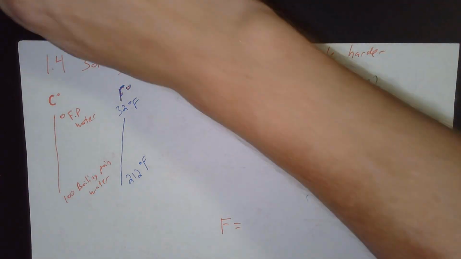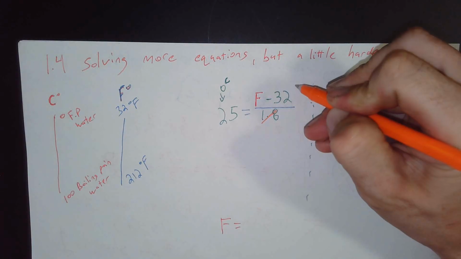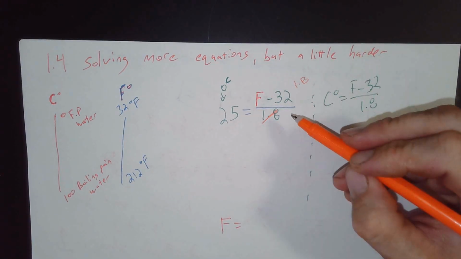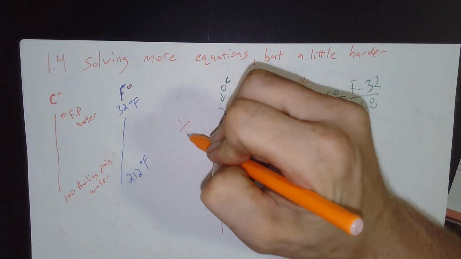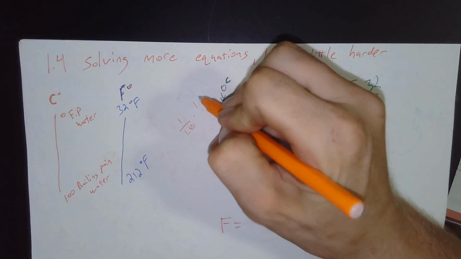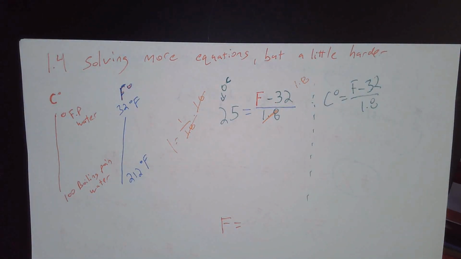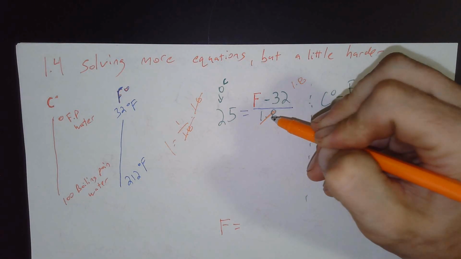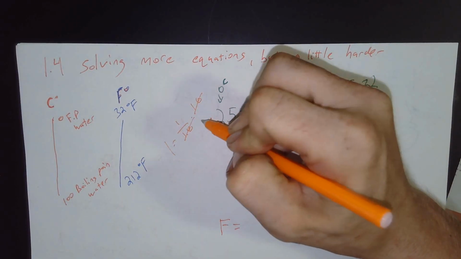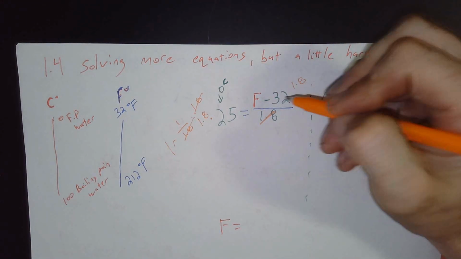So what we're going to do, we've got to keep both sides balanced. We want to multiply this side by 1.8, the denominator, because 1 over 1.8 times 1.8 would just equal 1. That's just going to leave us with the stuff on top. But what I do to one side, I have to do to the other side. So this is going to be pretty easy.